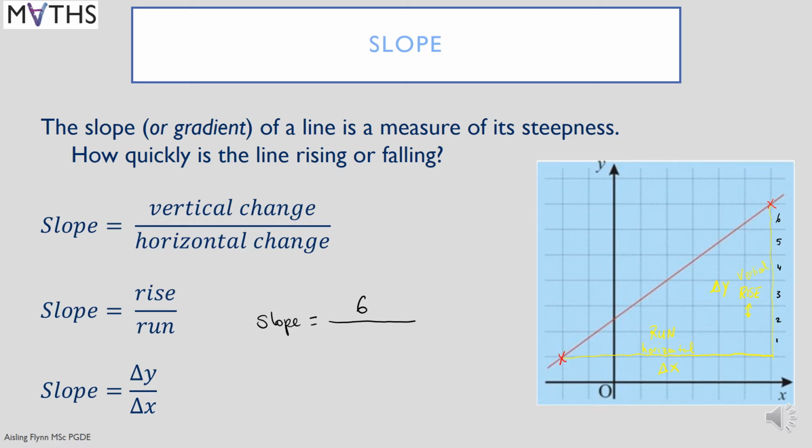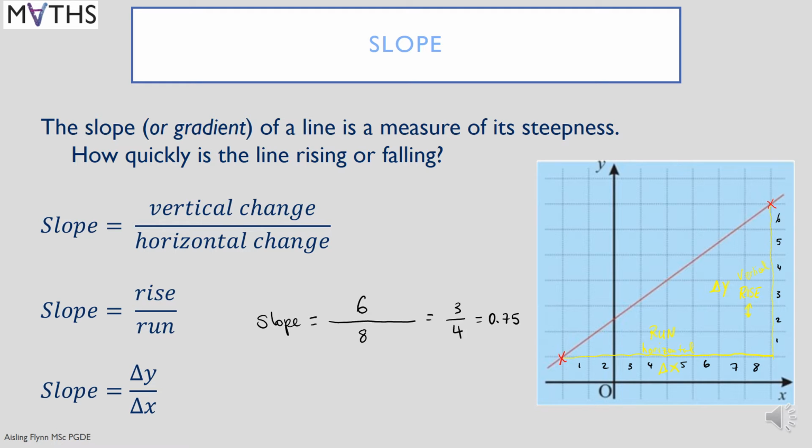And let's measure the run then in the horizontal direction. 1, 2, 3, 4, 5, 6, 7, 8. Okay, and so my slope is 6 over 8, or if you want to simplify that, 3 over 4, 3/4. Or if you want to change that to a decimal, you get 0.75.